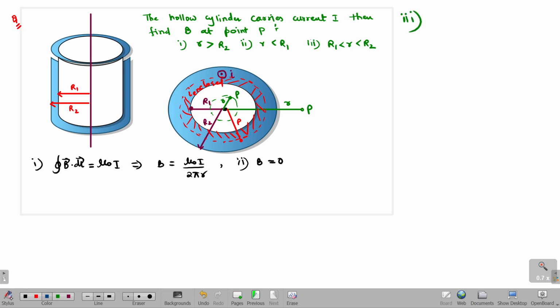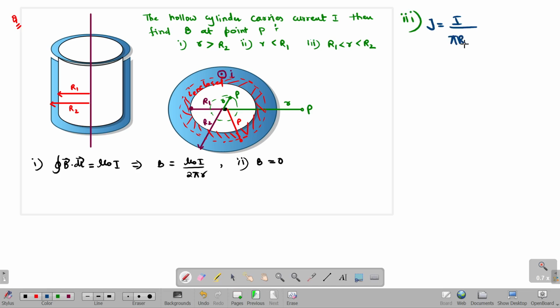So current density for the bigger one is I by pi R2 square minus pi R1 square, isn't it? Because the whole circle is not there. So pi times R2 square minus R1 square. That's my current density here. For the small one, it will be the same. In R1 square there is no current density also.